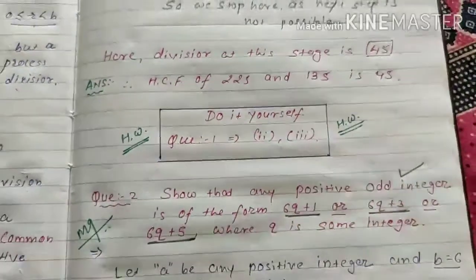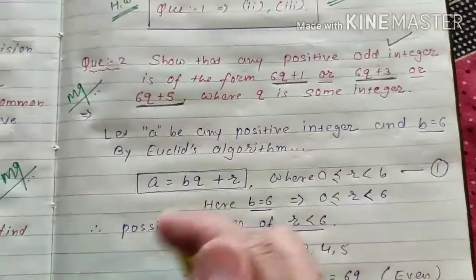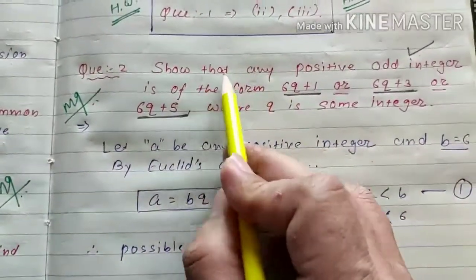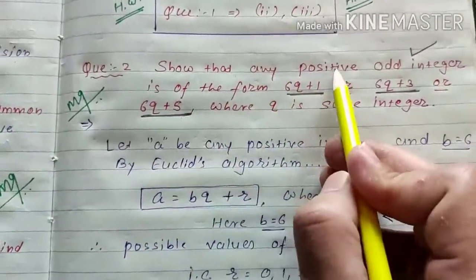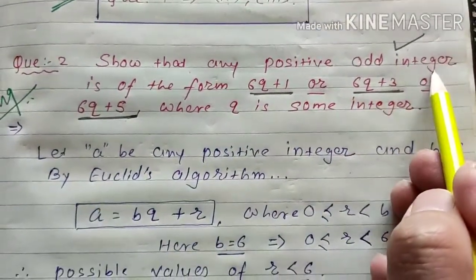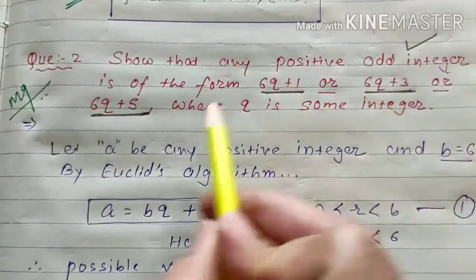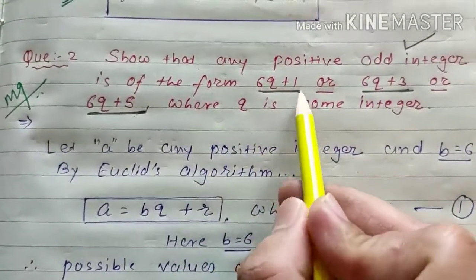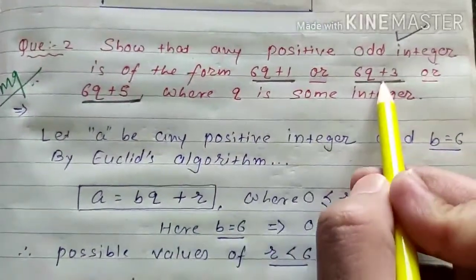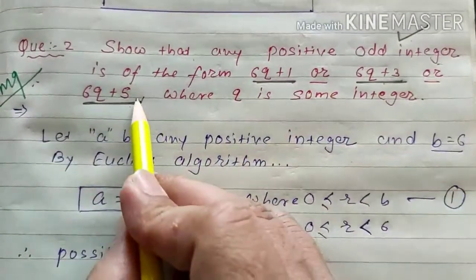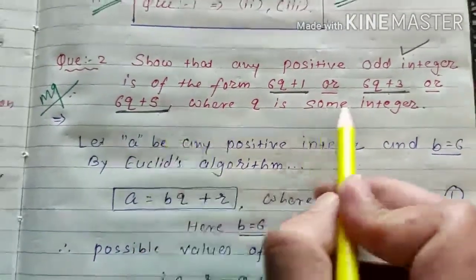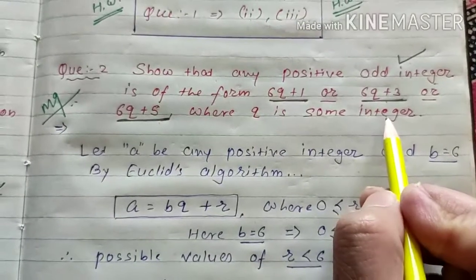Okay, now we go with question number 2. Show that any positive odd integer is of the form 6q plus 1 or 6q plus 3 or 6q plus 5, where q is some integer.